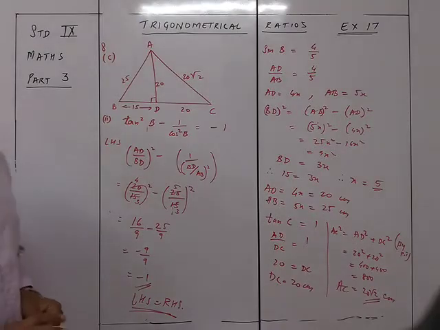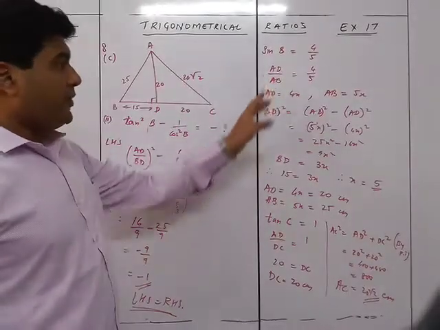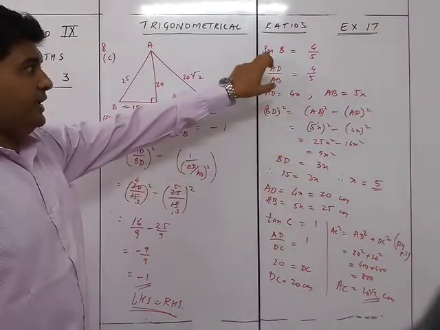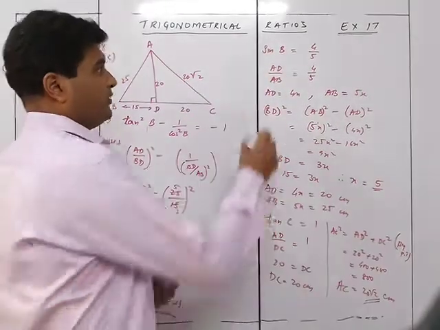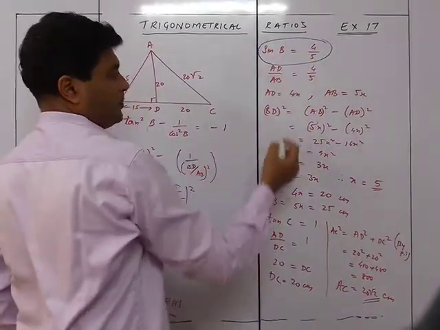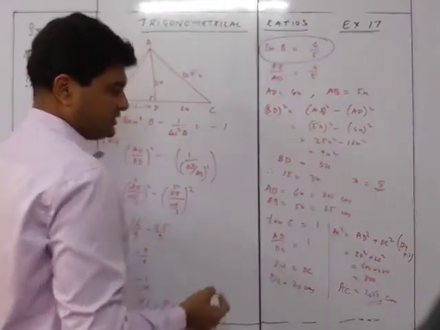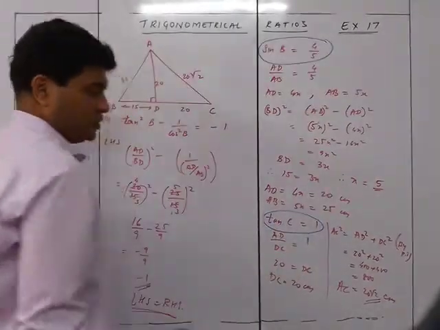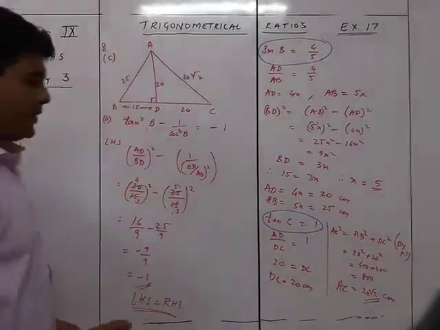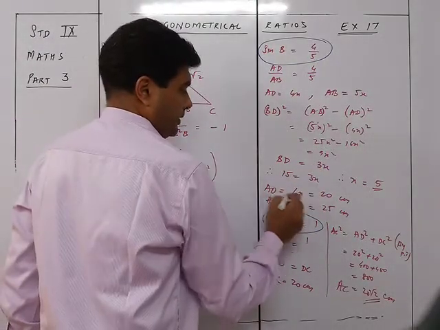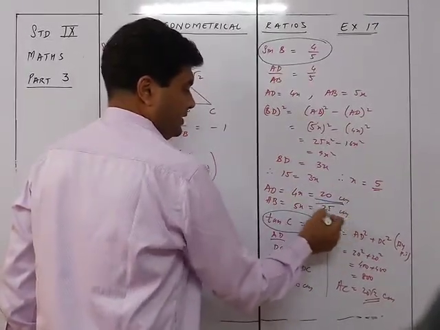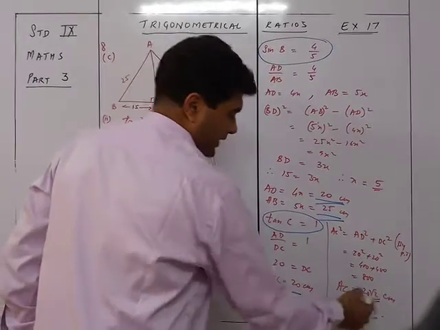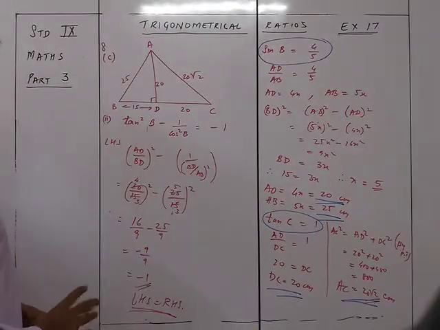Is it clear? Understood? So first of all, we found out all the different sides using the two things that were given to you. First thing was sin B is equal to 4 upon 5, and second thing was given to you as tan C is equal to 1. So in this way you are finding out the value of AD, AB, DC, AC. These are the 4 things you needed to find out.